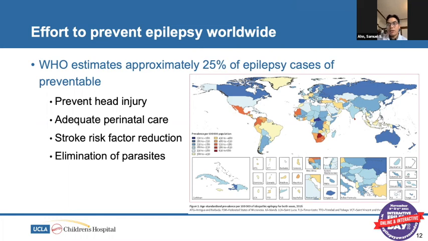Like I mentioned, infectious causes may be one of the most common causes of epilepsy worldwide, so eliminating parasites in endemic areas is also an effort of many providers dedicated to overcoming epilepsy. So while I continue to work with individuals and families affected, as an advocate I hope to continue to raise awareness about this disease and to help prevent it.